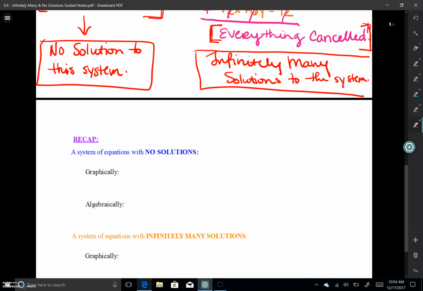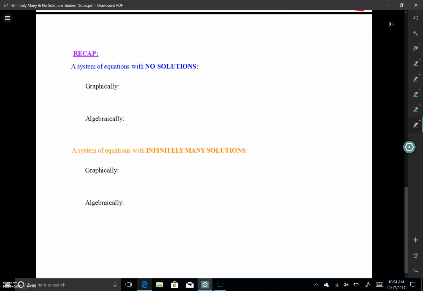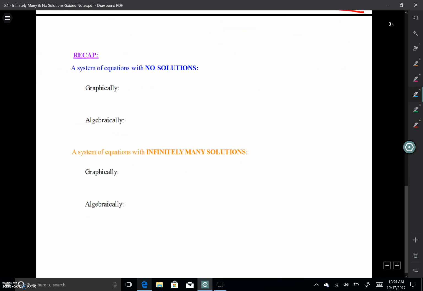So just to recap that here, a system of equations with no solutions, graphically, is two parallel lines that never intersect.